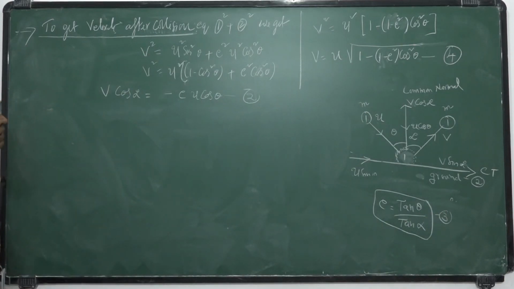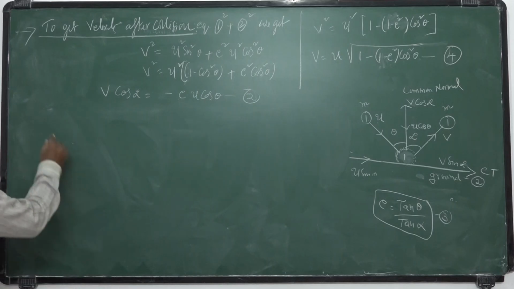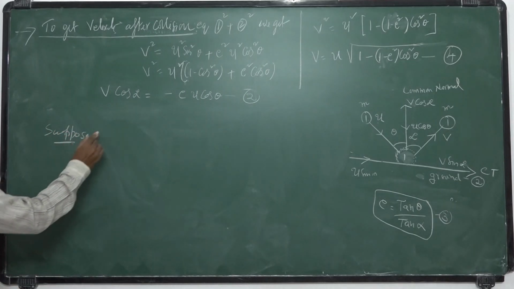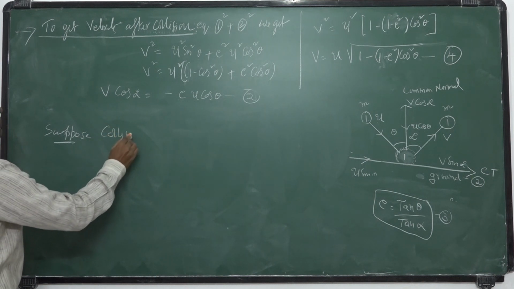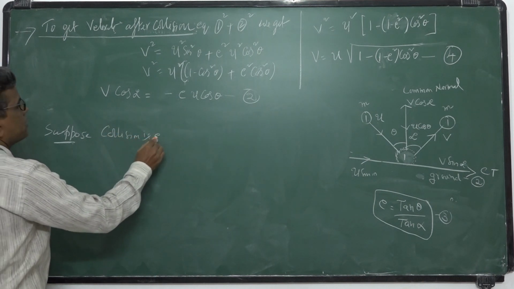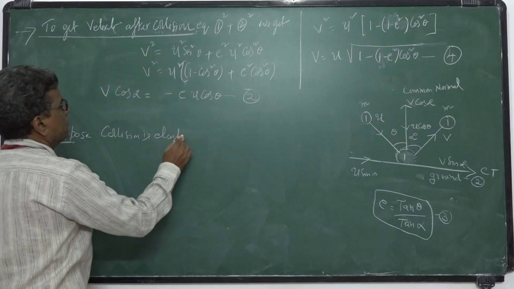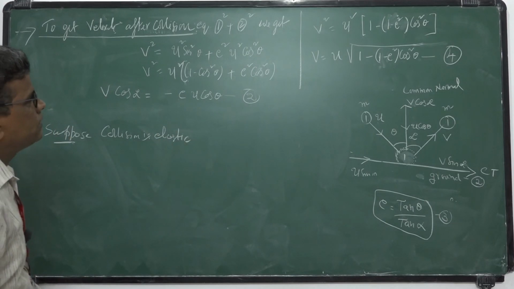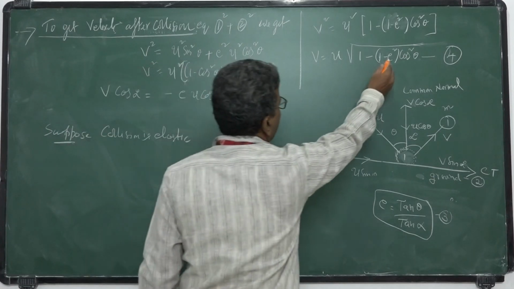So what is V, the velocity after collision? Suppose the collision is elastic. What is elastic? It means e value is 1.